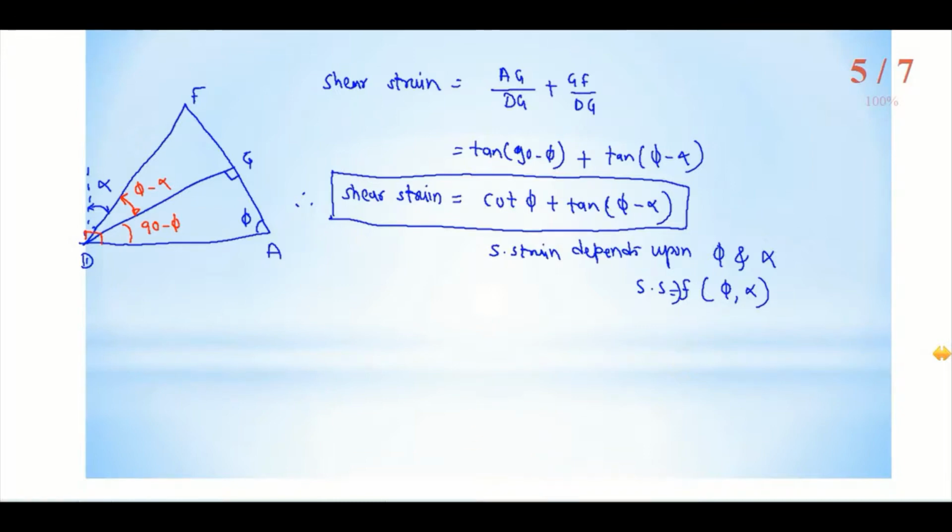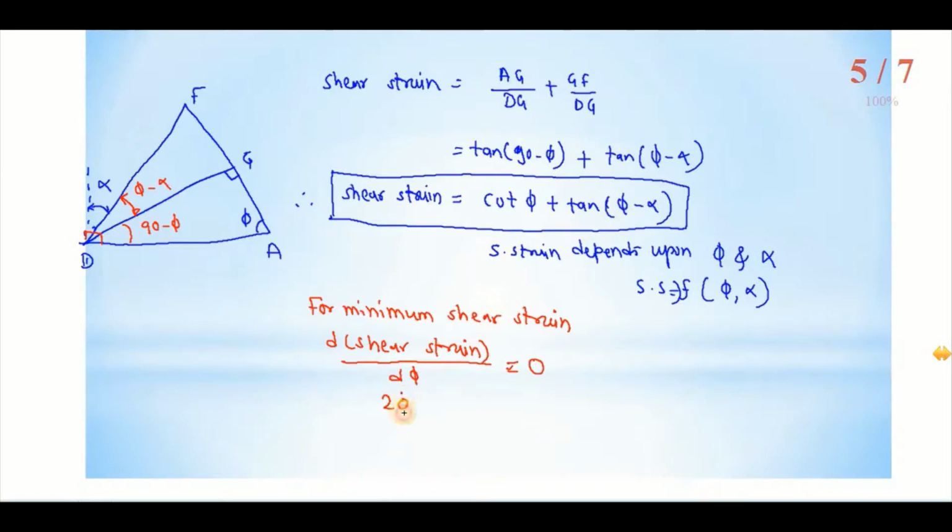For the minimum shear strain, if we take the differentiation of this shear strain with respect to shear plane angle and consider it equal to 0, then we get this equation, that is 2 phi minus alpha is equal to 90 degree.